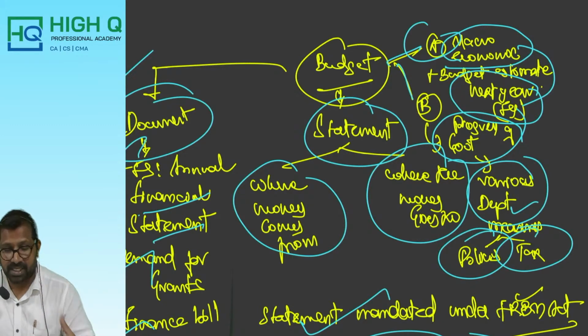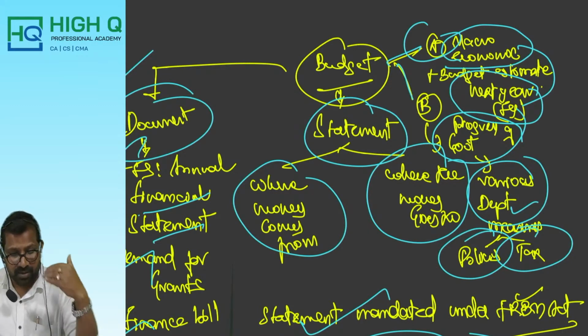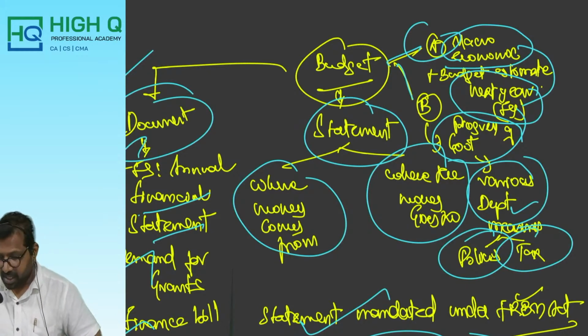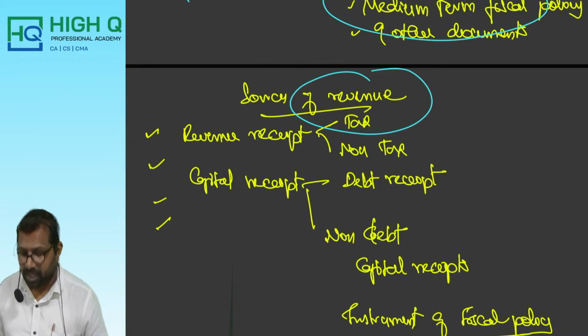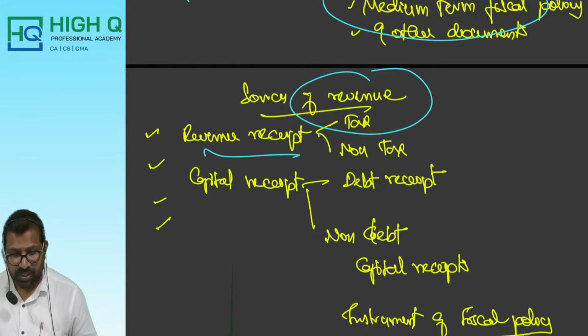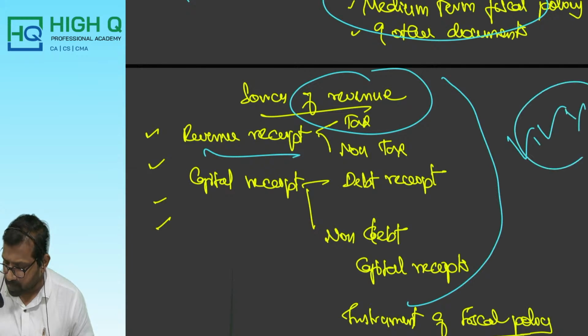The most important documents are the annual financial statement, demand for grants, as well as the financial bill. So these are the major documents to be attached. Apart from this, what are the various sources of revenue to be included? Revenue receipts. This part is very important.